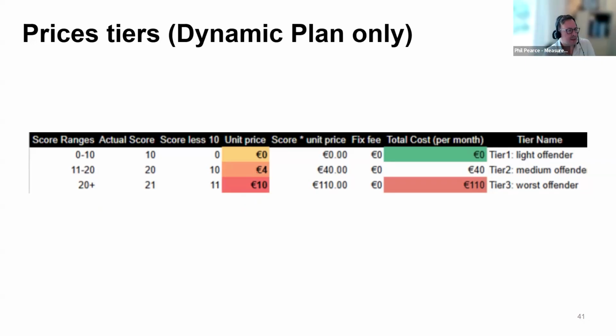If you trigger the 10 euros fine per point, you're in a bad zone. You really need to pull your socks up and clean up the GTM account, i.e. you're in a worse offender zone. The good news is if you move down a tier, you pay a lot less. And if you move into the light offender tier, you pay nothing.